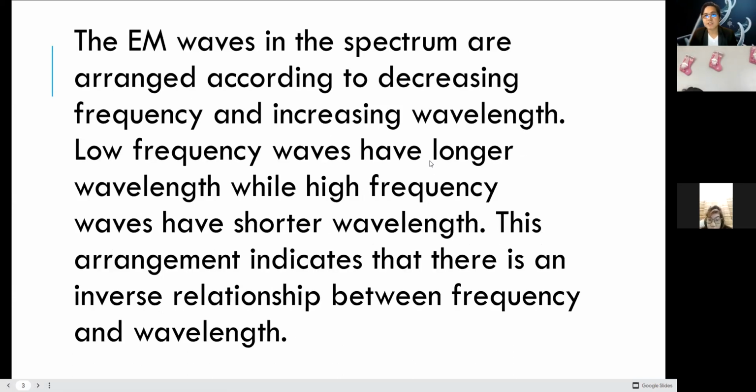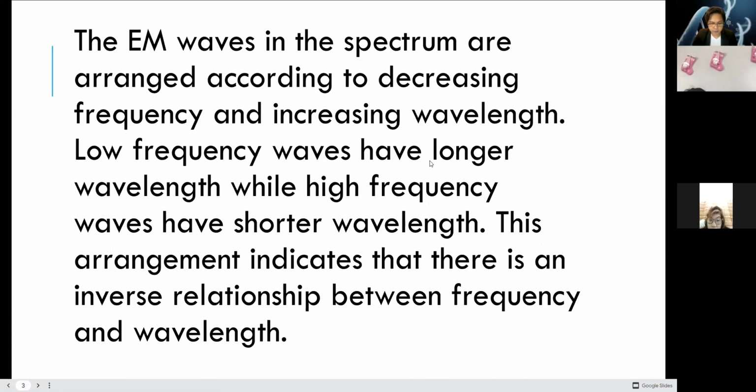The EM waves in the spectrum are arranged according to decreasing frequency and increasing wavelength. Low frequency waves have longer wavelength, while high frequency waves have shorter wavelength. Why is that so?